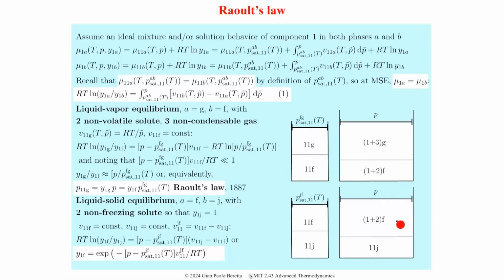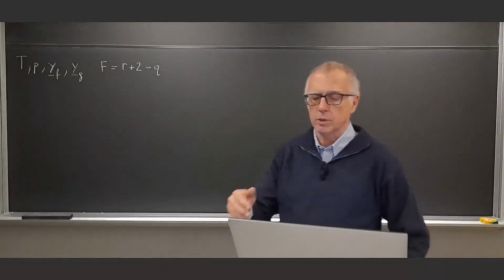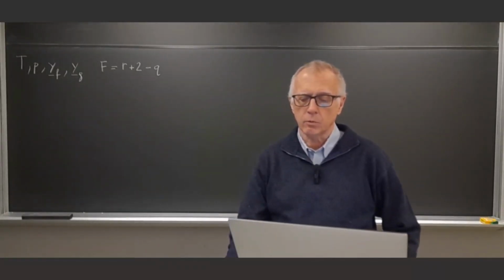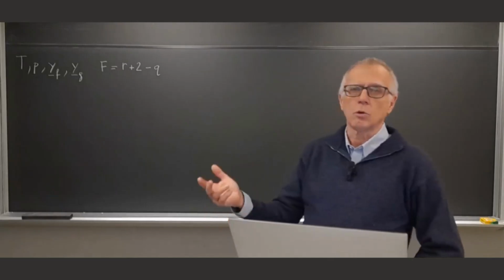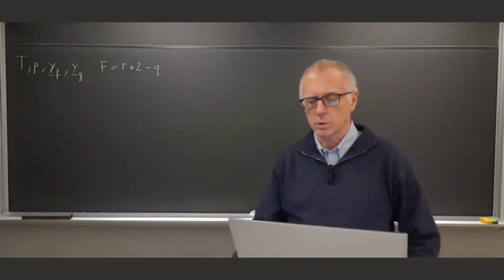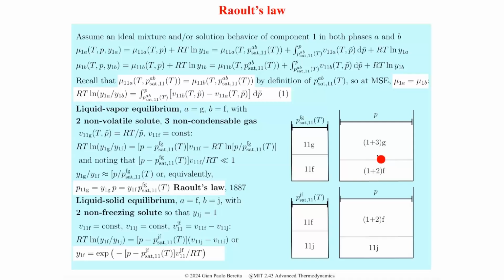of these two cases. This one is a liquid. It's a liquid solution with components 1 and 2. For example, you can think of water as being component 1, and 2 could be salt. So this is salt water. And it is in mutual equilibrium with a gaseous phase in which there is also water, so 1, and there is another component, 3.